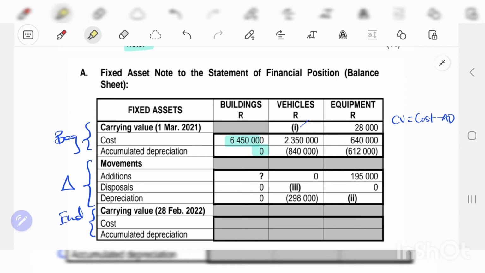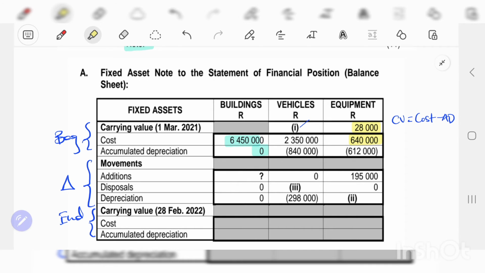So here, the cost minus the accumulated depreciation gives you a carrying value of 28,000. So what does this mean? It means that this year, the depreciation on this asset should not exceed 28,000.